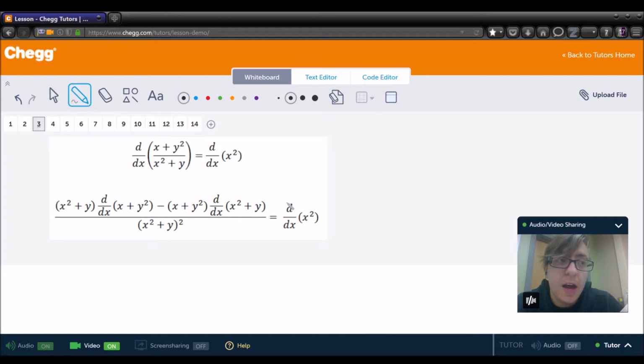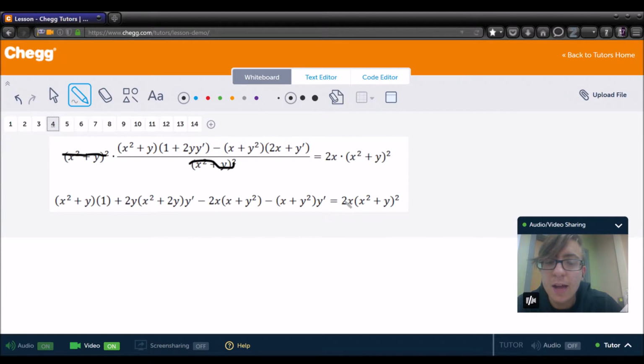And then on our right side, we have the derivative of x squared. From here on, we now need to distribute. In this particular case, I partially distributed, and I'll explain that just in case you weren't taught that. Here you see that I also have the x squared plus y squared crossed out.